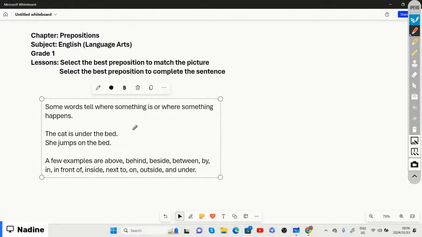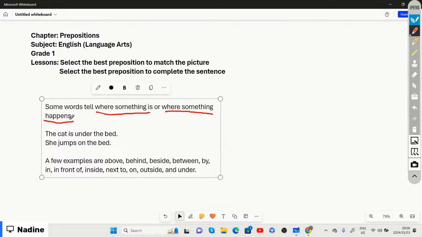We can also say that is basically prepositions, because prepositions either tell us where something is or where something happens.